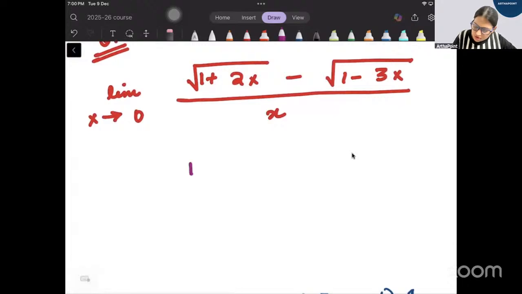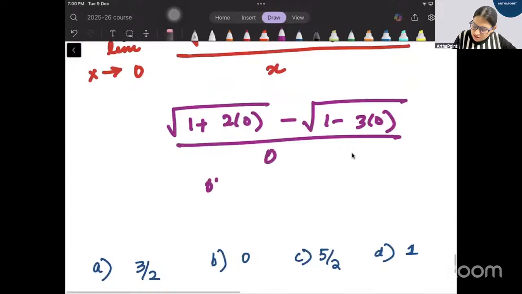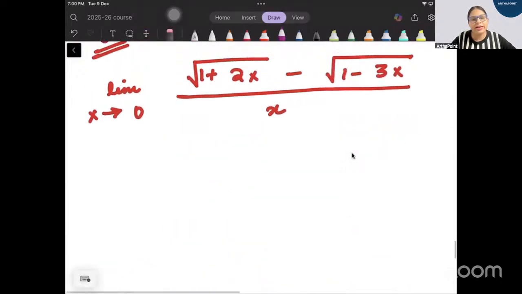So the moment we see these kind of questions, पहले हम 0 directly apply करके देखते हैं. So we notice 1 plus 2 into 0 minus 1 minus 3 into 0 by 0. It's a 0 by 0 form. So I can either apply L'Hopital here or I can apply rationalization. Let's follow rationalization first.